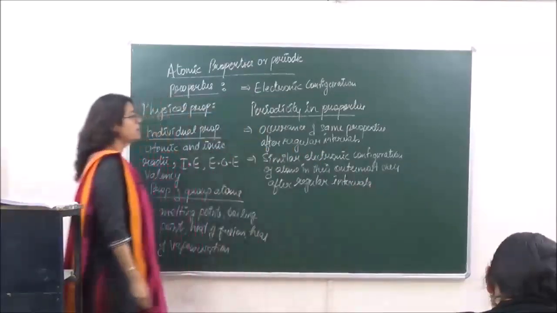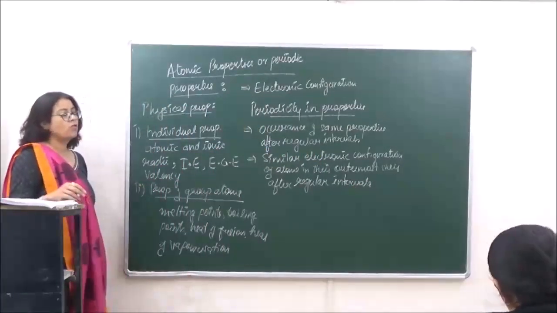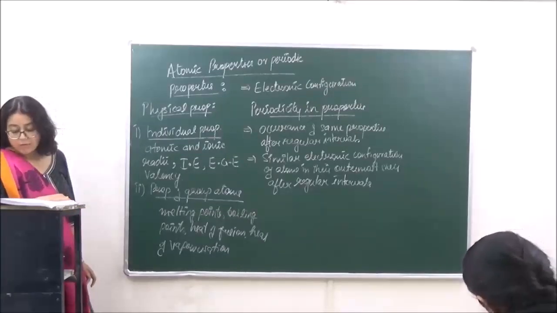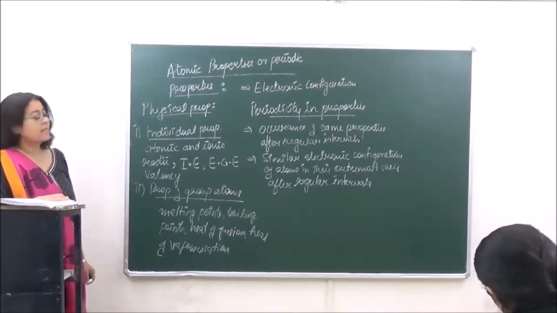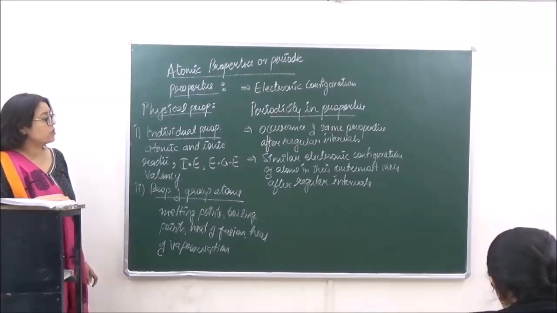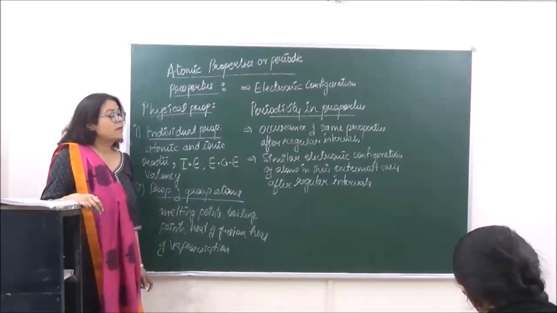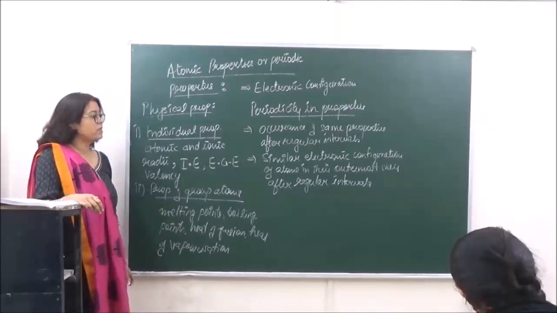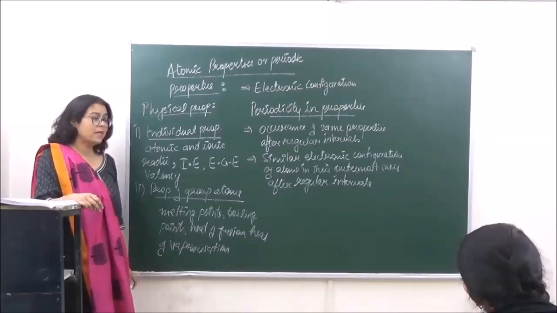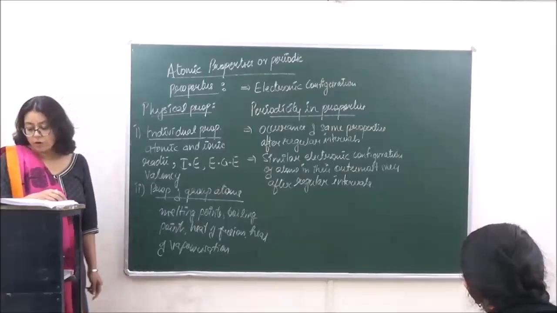That is the cause of periodicity. Okay, so after regular intervals we have the same electronic configuration in the outermost shell. That is why the chemical properties after regular intervals are going to be the same. Okay, that is the cause of periodicity.